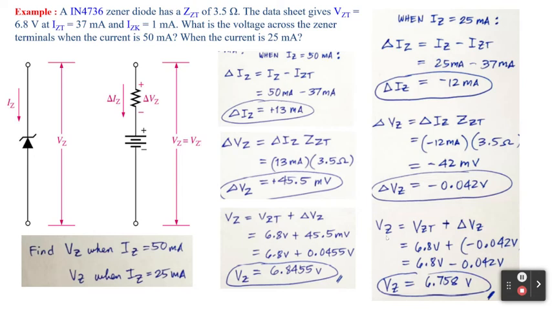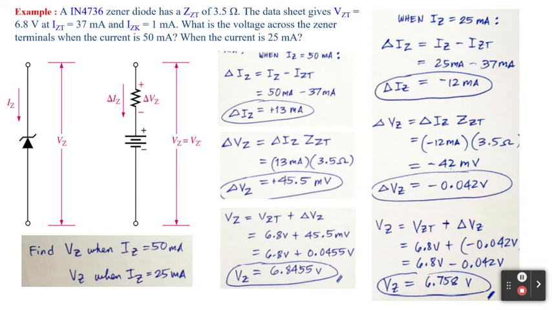In the calculation of VZ, we use the same formula, VZT plus delta VZ. We have 6.8 volts as given in the question, 6.8 volts plus the negative 0.042 volts here. Some people make mistakes in the calculations because of the unit. Sometimes they forget to put the unit to be volts. So some people might subtract 6.8 minus 42, thereby getting the wrong answer.